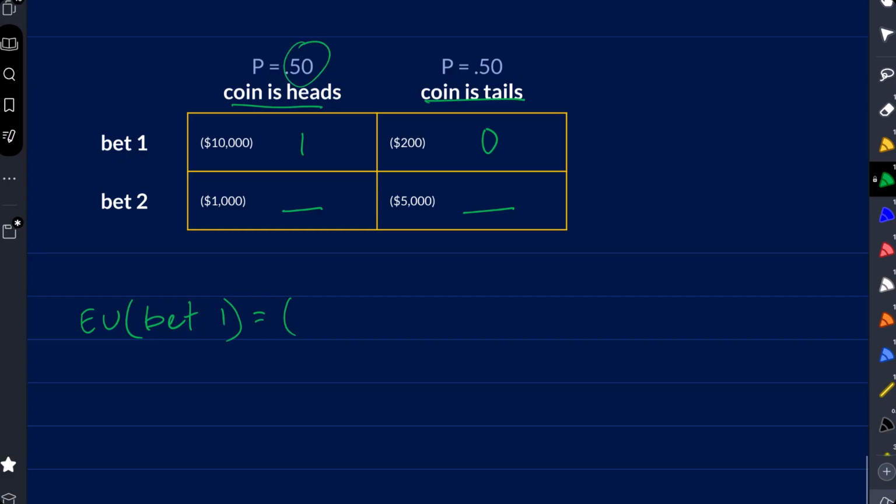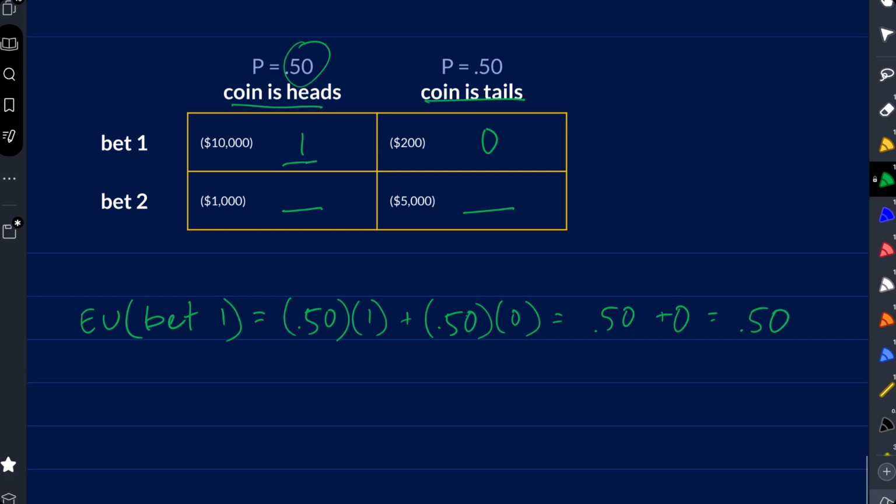So for bet 1, we have 0.5 times 1 plus 0.5 times 0. That's going to be just 0.5.